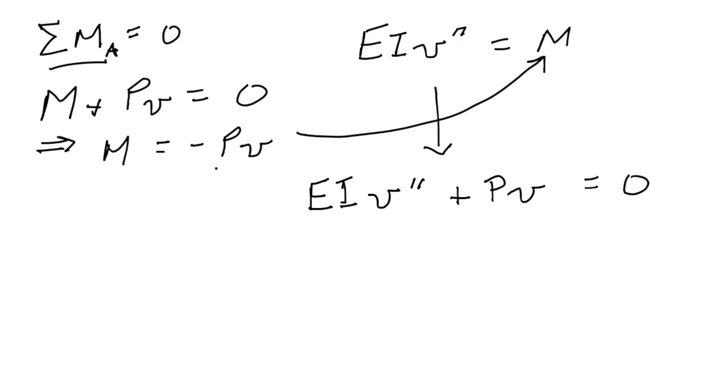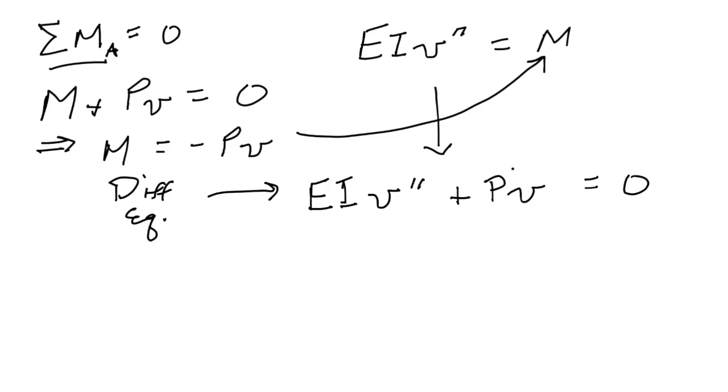Okay, so this is called a differential equation. It's a little more complicated than any differential equation that we've seen so far, because it depends on v by itself as well as the second derivative of v. So this is called an ordinary differential equation with constant coefficients. It's homogeneous because it's equal to 0.